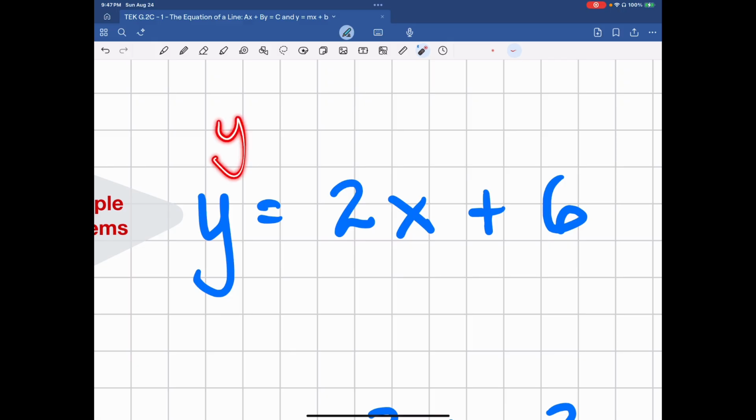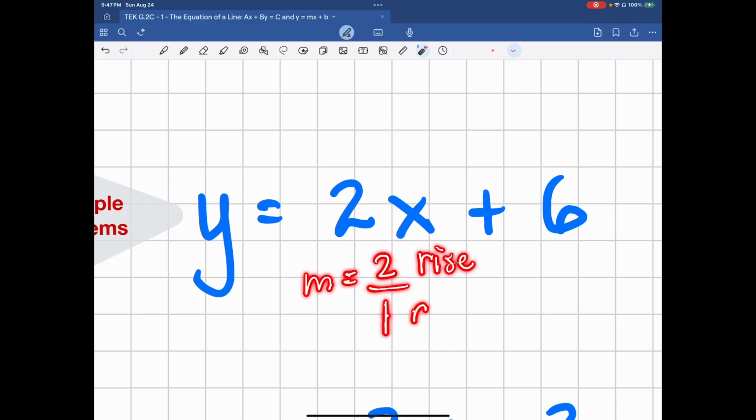So this is my y equals mx plus b. My slope is 2. My y-intercept is b. Now remember, we want to think of slope as a fraction. So it's going to be 2 over 1, which 2 is my rise, 1 would be my run.